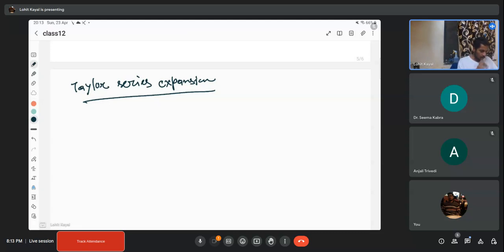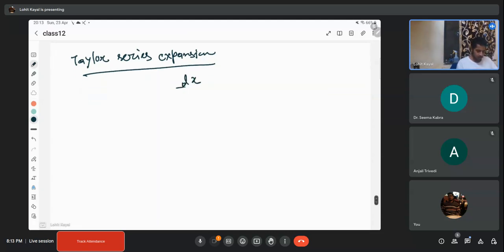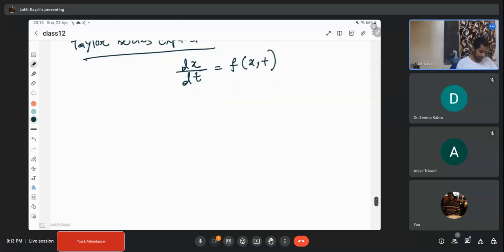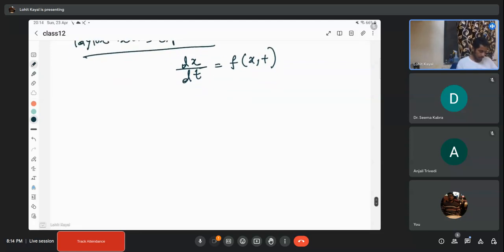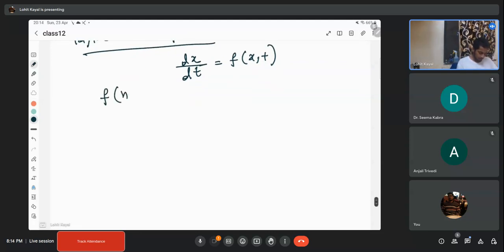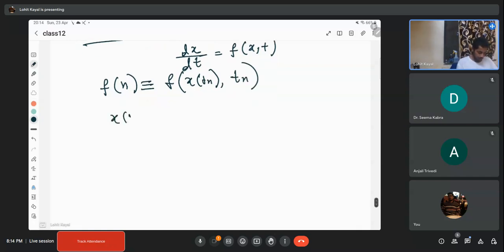Okay. So the formula is dx/dt equal to f of x, t. Now f_n is equivalent to f of x at t_n, comma t_n. It is f_n, and x_n is x of t_n. Now let me write down the formula.